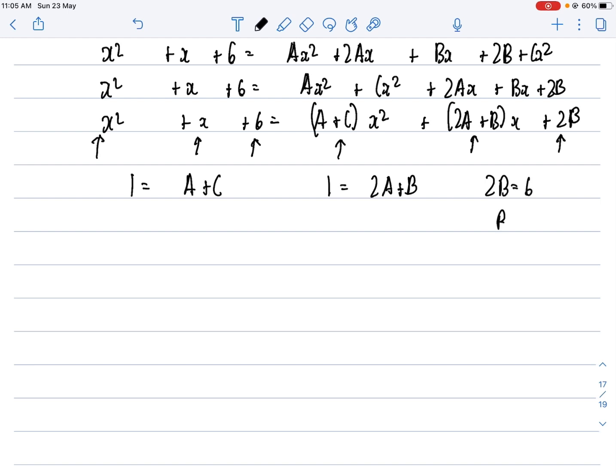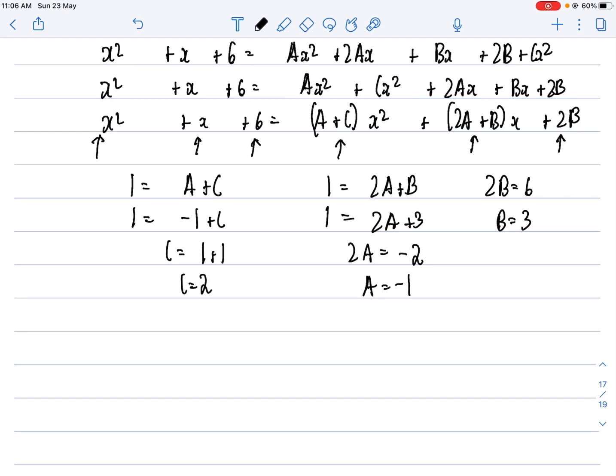So here I find that my b is simply 3, because of 6 over 2. So I can write 1 equals 2a plus 3, which gives 2a equals 1 minus 3. 1 minus 3 is minus 2, which gives me a as minus 1. Now 1 equals minus 1 plus c, where c equals 1 plus 1, and c equals 2.